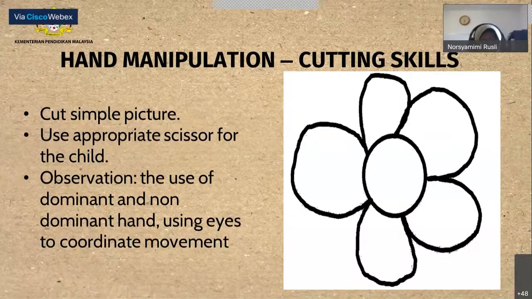You will also observe how the child uses his eye and hand to coordinate movement while cutting. Is he able to cut according to lines? And is he able to manipulate the paper using the non-dominant hand? Those are the things you will observe during cutting skills.